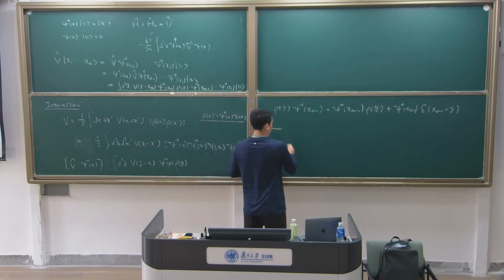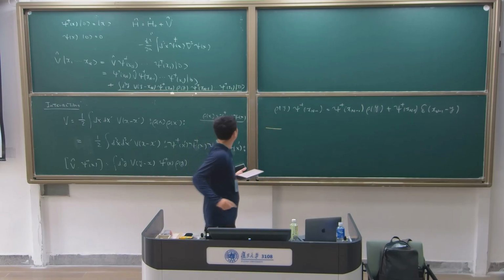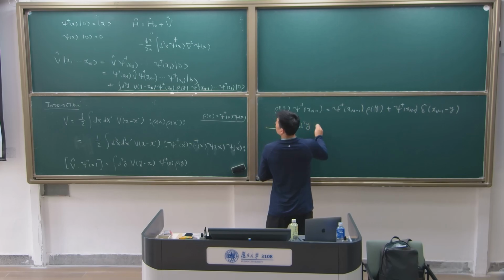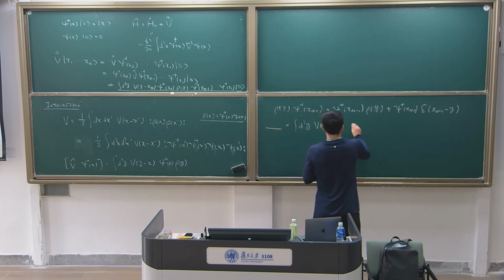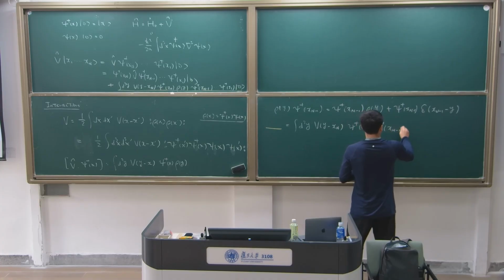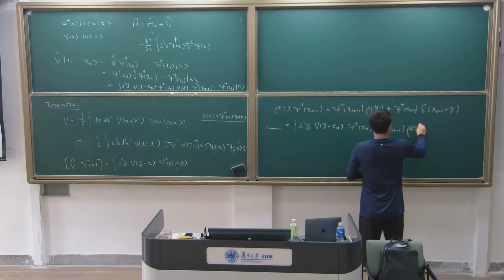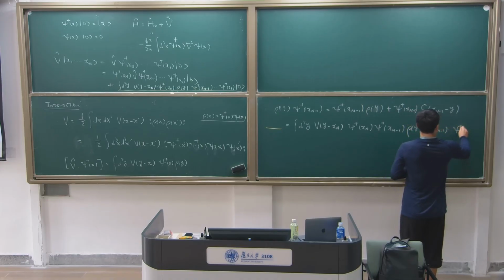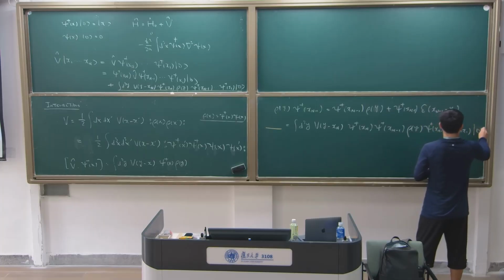This yellow part is equal to delta of y minus xn, and then psi dagger xn, psi dagger xn minus 1, and rho of y, and then psi dagger xn minus 2 to psi dagger x1, with some factor.